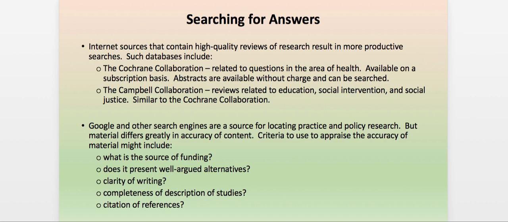Unlike the Campbell collaboration or the Cochrane collaboration, you don't have any so-called experts or knowledgeable people reviewing these things and curating them for you, which is what's going on with these collaborations. Which again, by the way, is still another source of expert opinion in the end, but maybe better refined at least. But in any event, you don't have that with Google, so you have to be really cautious and be a wise consumer of information you get off of there.